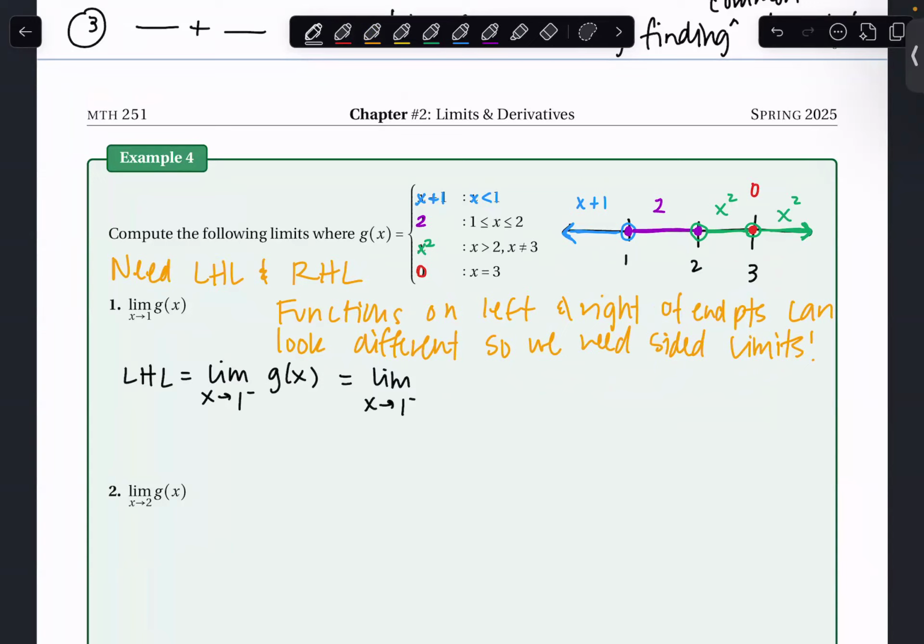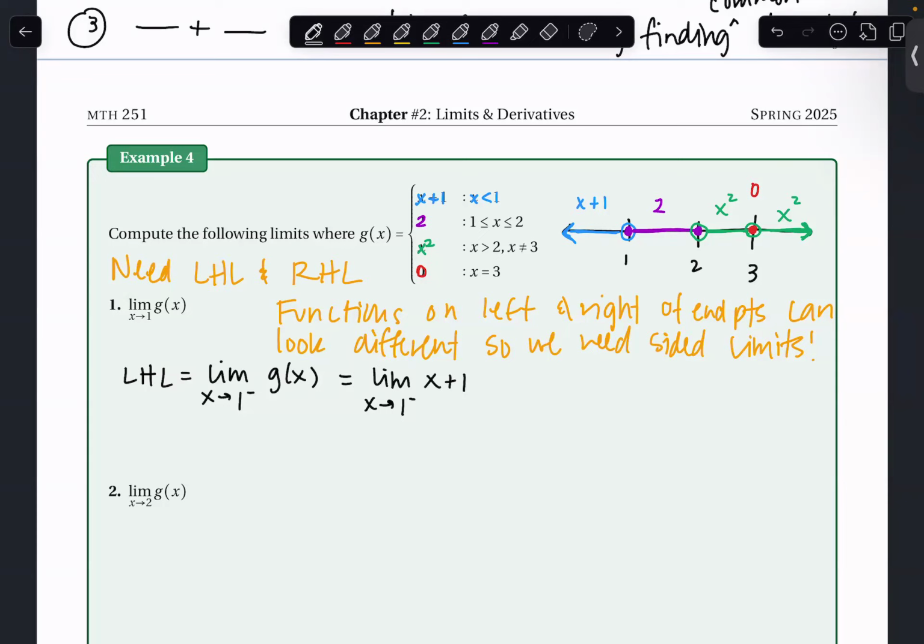So what I want to decide is, what does the function look like to the left of the number 1? And so here, what is my formula when x is less than 1? Yep, in my blue here, I have my x plus 1. So now, because I'm just looking on the left, and my formula is always x plus 1 on the left here, I can replace my g of x with x plus 1 instead.